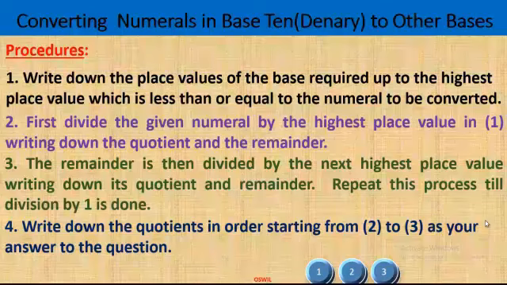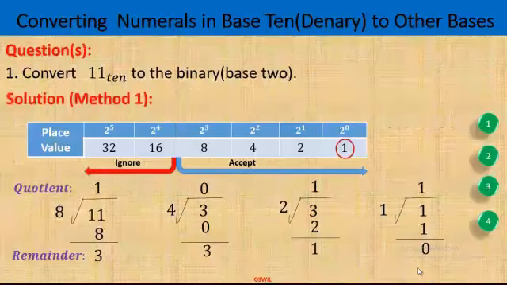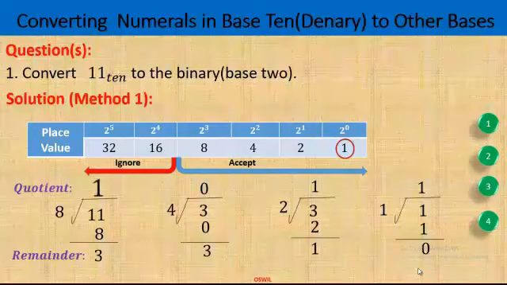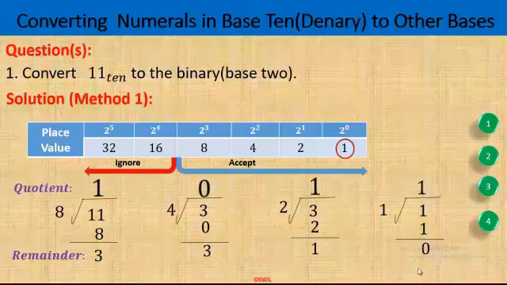So we go back to our answers, and starting from left to right, we write those numbers as our answer: 1, 0, 1, 1.